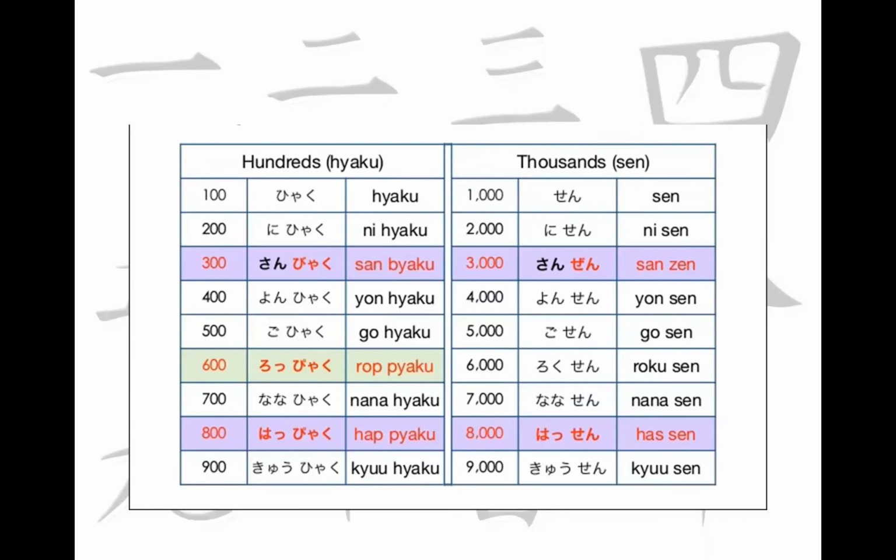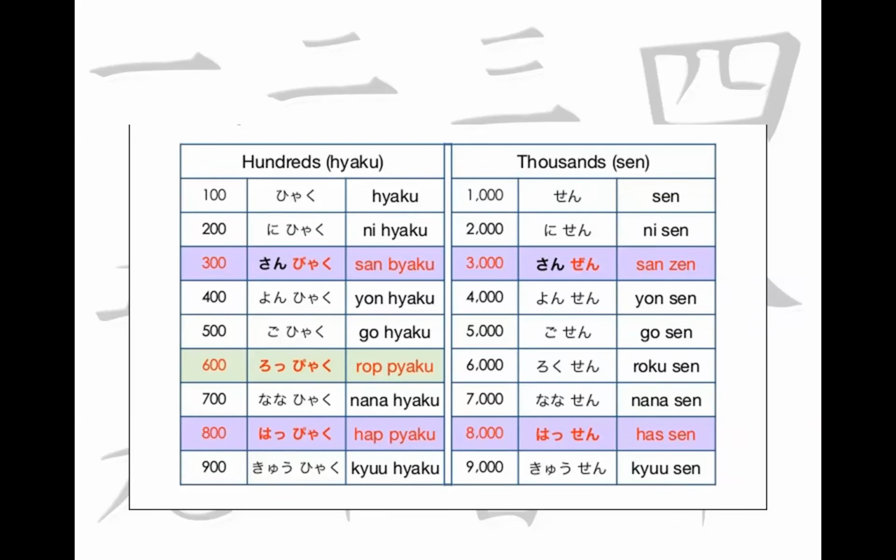Now, take note of the irregulars in the hundreds, such as sambyaku, roppyaku, and happyaku. What happens here is that 6 and 8 are contracted, and the h in hyaku is turned into p and b. Okay? Irregular numbers like this will show up a lot when counting things, but don't worry, you'll get used to remembering them the more you use them.